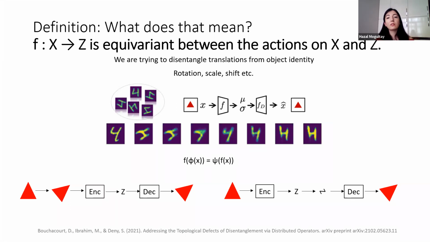We are trying to disentangle identity and translation here, but there are some other factors of variation. So if we want our encoder to disentangle them somehow, if disentangling them improves our model, we can use a variational autoencoder here, or we can use a simple encoder here that is not disentangling anything.